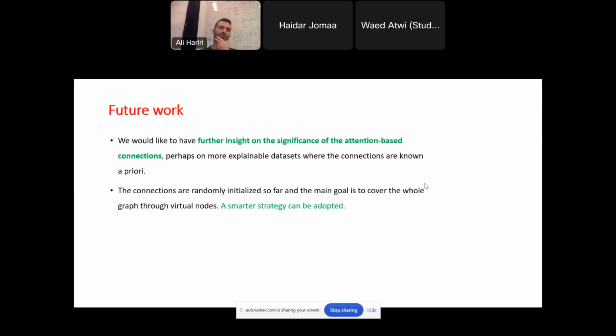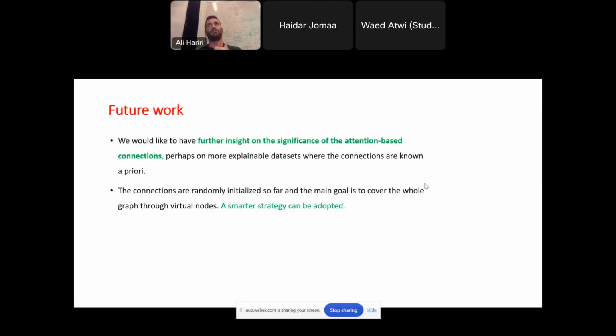I think in the future, one can, for example, adopt a smarter rewiring strategy. I mean, the attention-based one was already good, but maybe we can work even more by sampling on very large graphs, and then improve the performance even more. So there are various ways one can use these virtual nodes and the rewiring aspect associated with them.